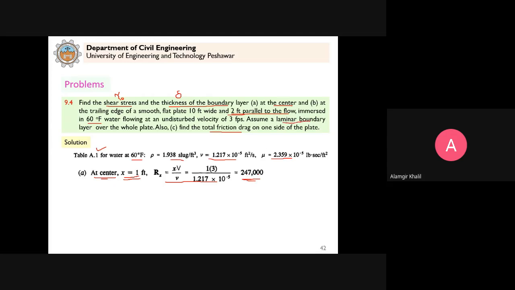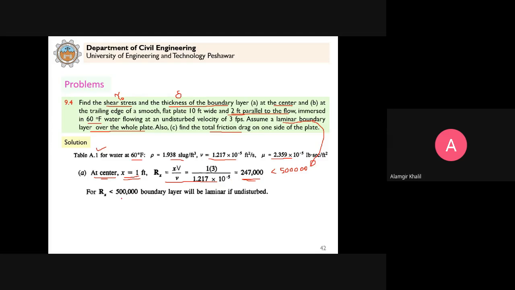So it means this assumption is okay. Clear? Because what is the critical value? 500,000. So it is less than 500,000. So that's why we have a laminar boundary layer.